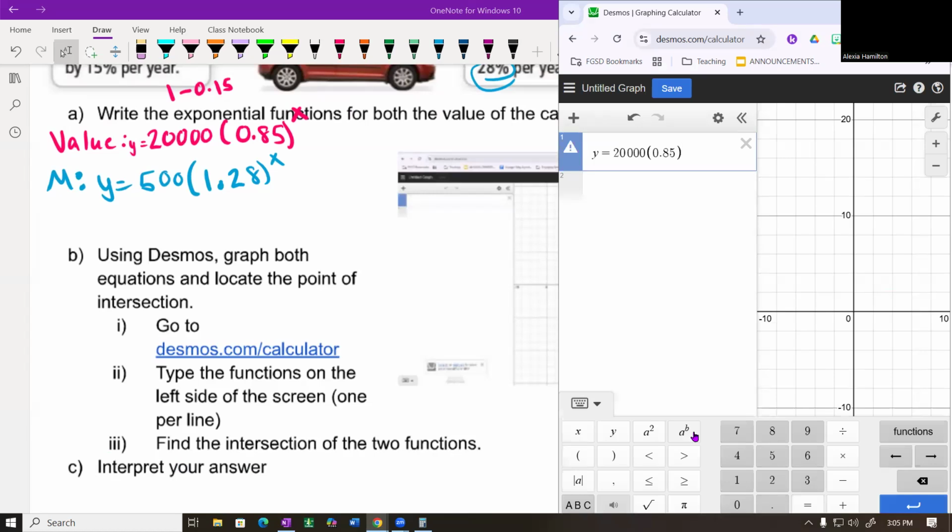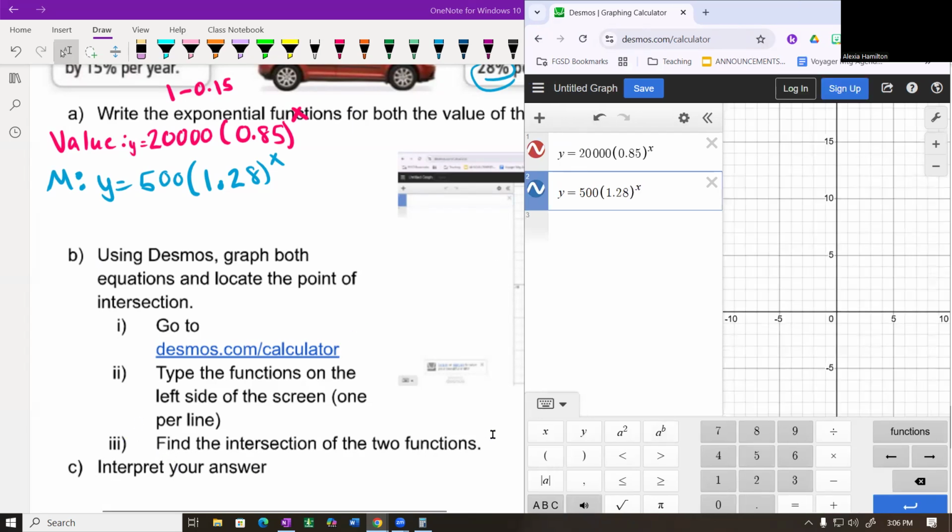And I need an X. And then I'm just going to press enter on my keyboard and it advances to the next line. And I'm going to type in the maintenance function, y equals 500, parenthesis 1.28, close the parenthesis, get my exponent, and X. Okay, so I have my equations.